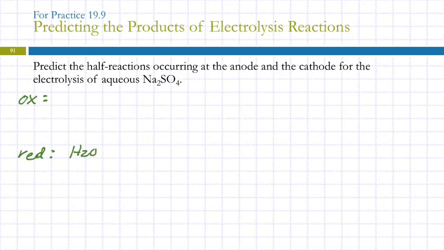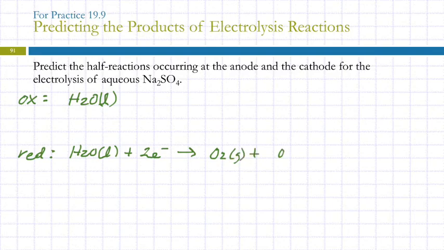So we'll look at water. And water being reduced, adding 2 electrons, and we're getting oxygen and hydroxide.